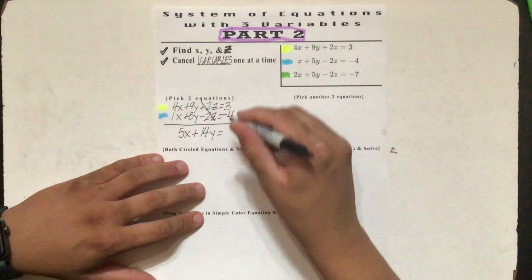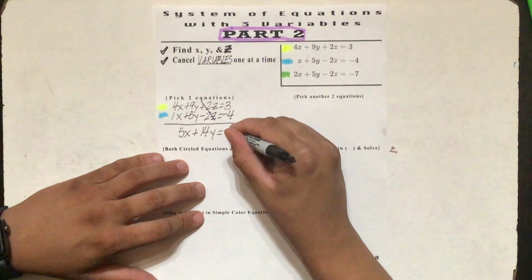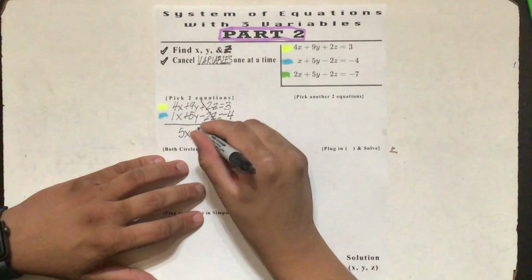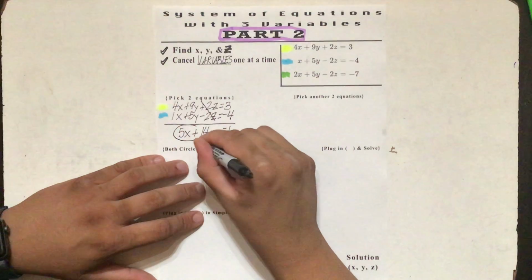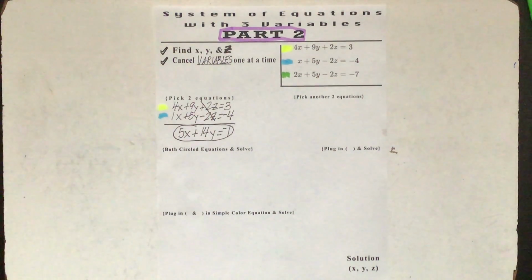They are different signs, so I have to subtract. 4 minus 3 is 1. And a negative because 4 is negative and it's bigger, right? So this is my first circled equation, right? Just like we did in part one. Nothing's changed so far, okay?